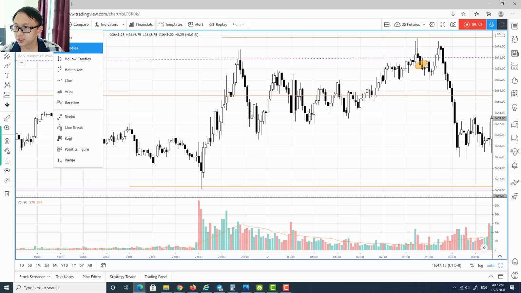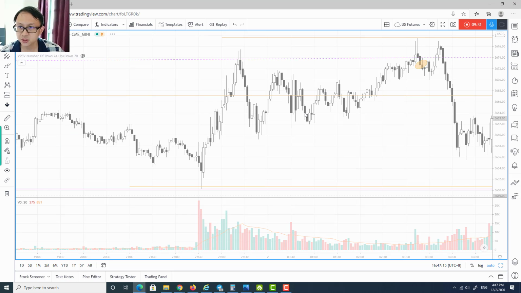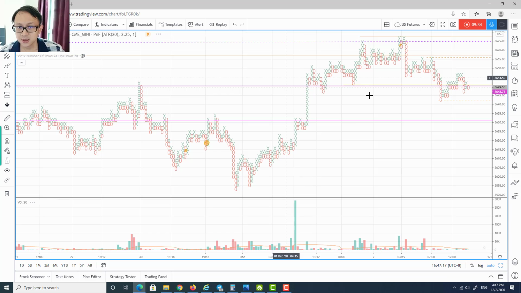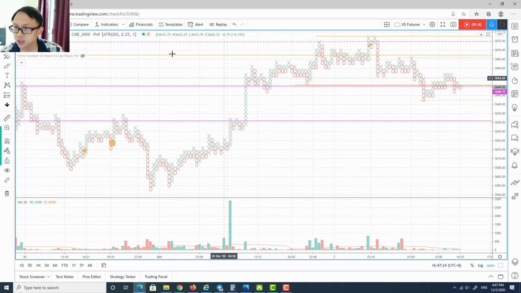So let me just quickly show you this point and figure chart. Alright, so I think it just changed again because it's a dynamic chart at the moment. What I actually use is the average true range of the past 20 periods. So previously I think I got 1.75 and then followed by 2, and now it becomes 2.25.